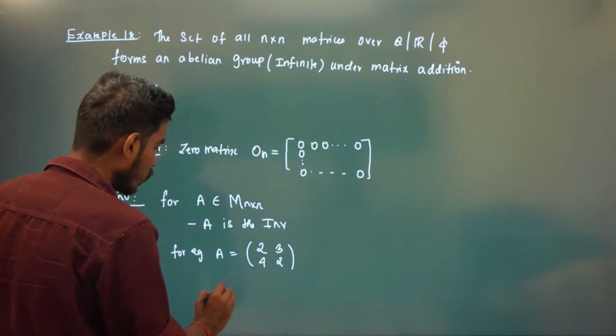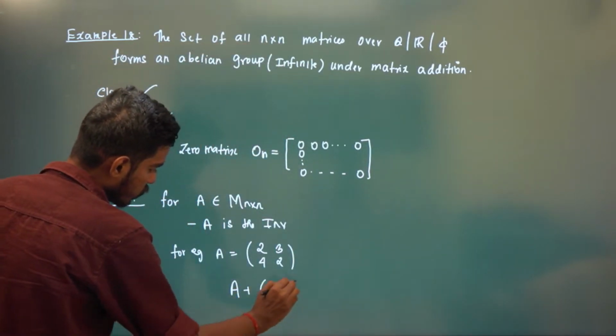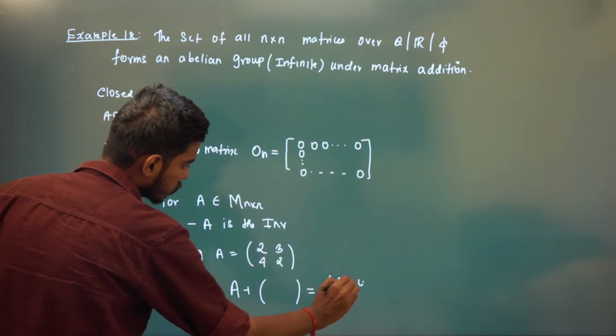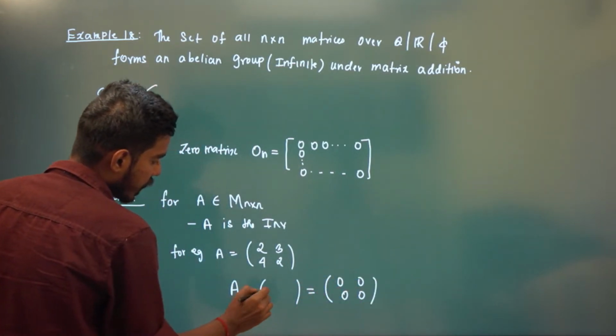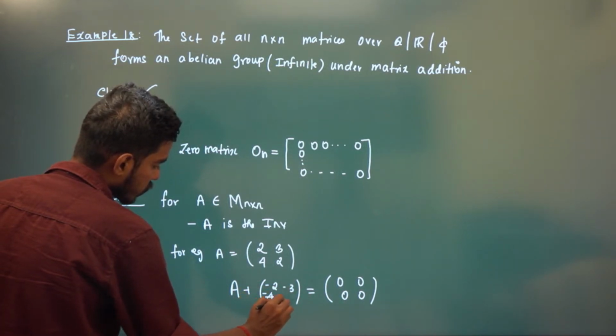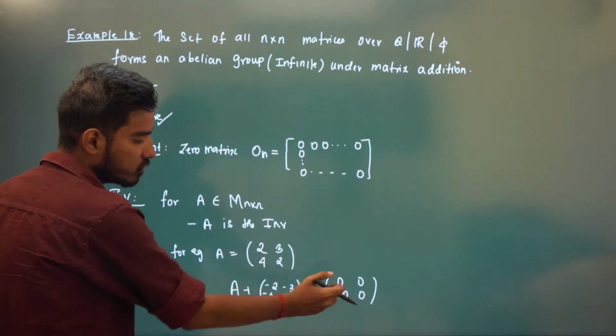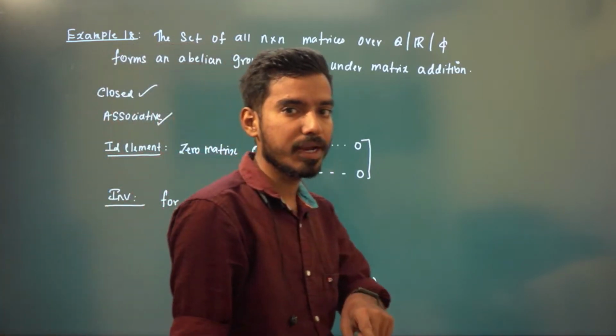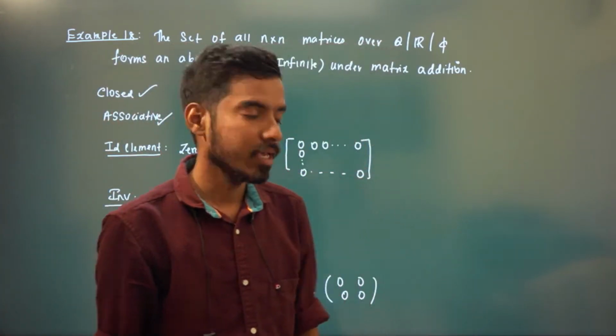You need to add one more matrix to get the zero matrix. So that matrix has to be what? Minus of that matrix. Yes or no? Minus of that matrix will give you the zero matrix. So for any matrix, minus A is the inverse.